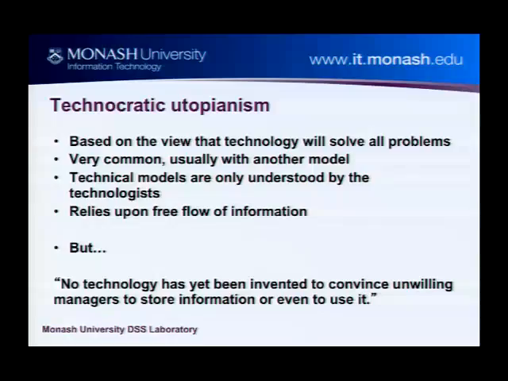Whilst the technocratic approach often saw the deployment of data warehouses, we often saw, as a result, a high failure rate of data warehousing projects because they were solving the wrong problem. Or rather, they were using the wrong tool to solve the problem. They were trying to use a technology tool when really it's a management or sociological problem that needs to be solved.